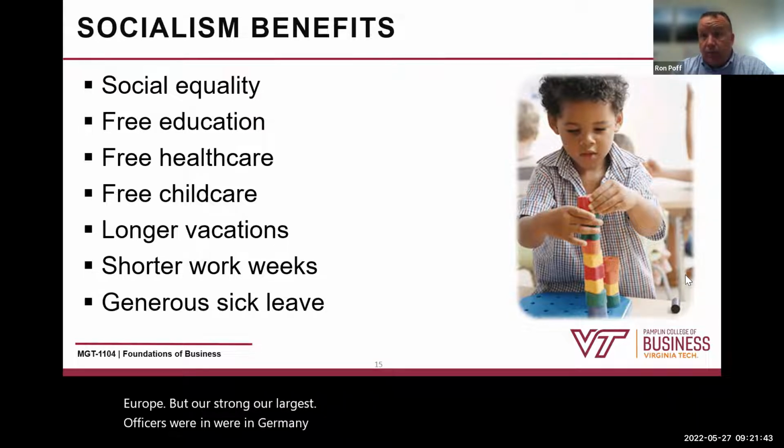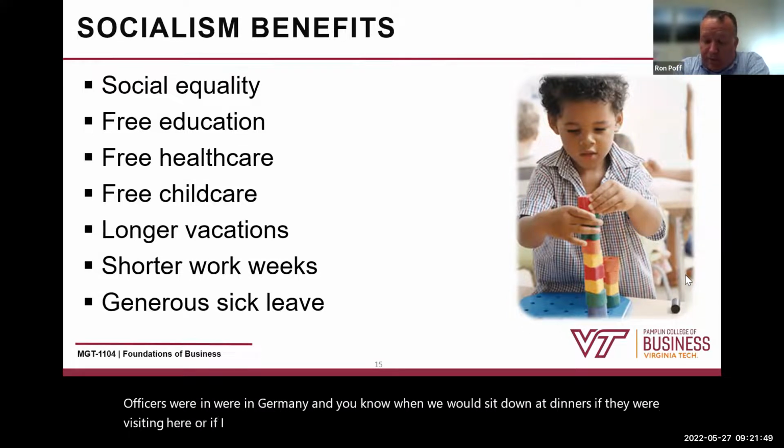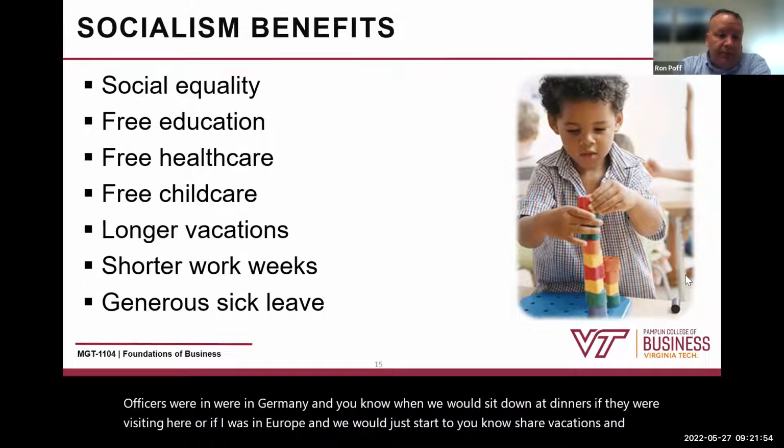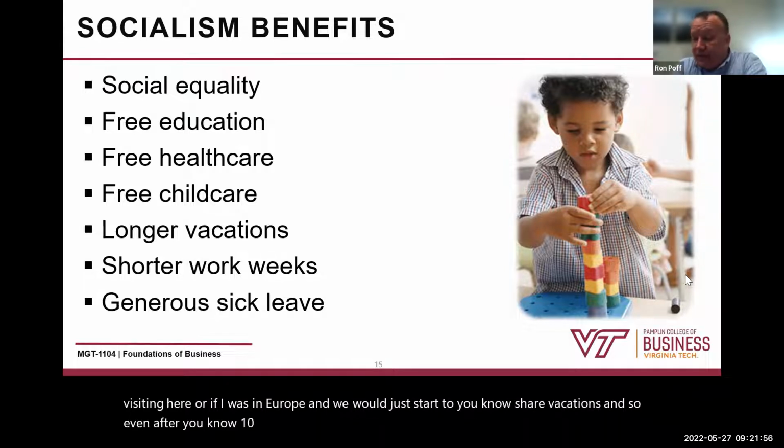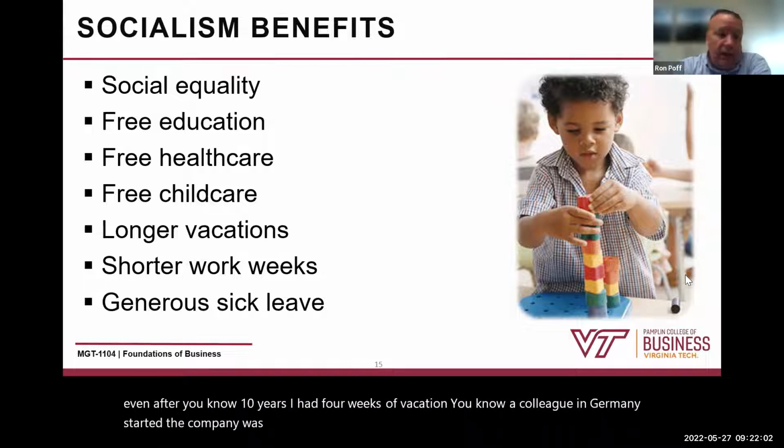And when we would sit down at dinners, if they were visiting here or if I was in Europe, we would just start to share vacations. And so even after 10 years, I had 4 weeks of vacation. A colleague in Germany started the company with 6 weeks of vacation. Typically, our work week was 40 to 45 hours.